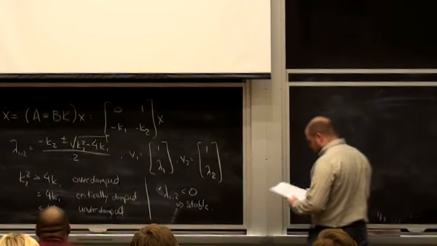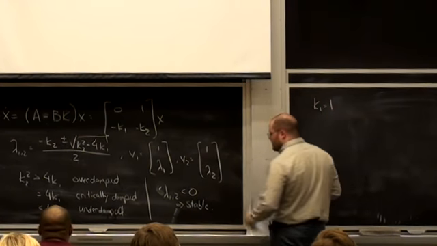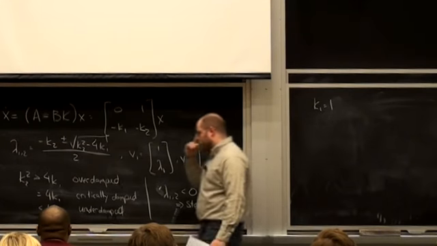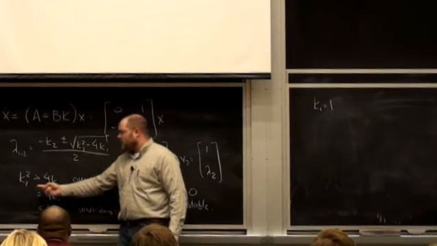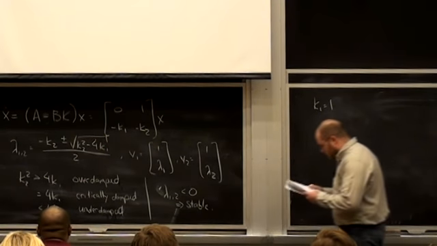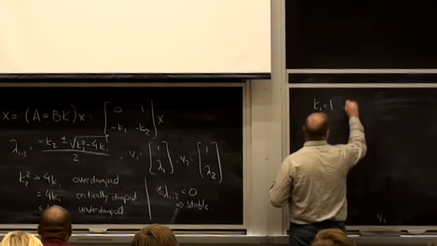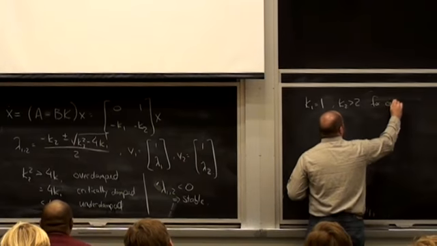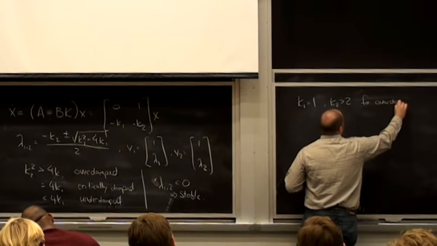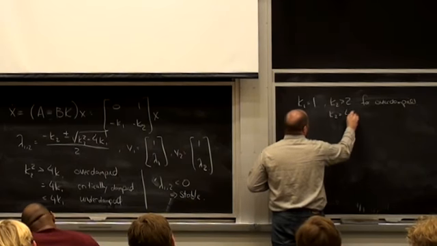Let's say K1 is 1. That means I'm going to want to think about an overdamped system. I want K2 to be at least greater than 2, so I'm going to choose K2 equals 4.